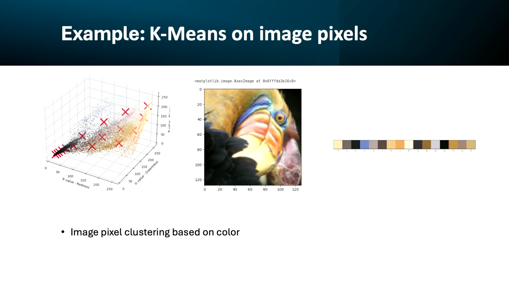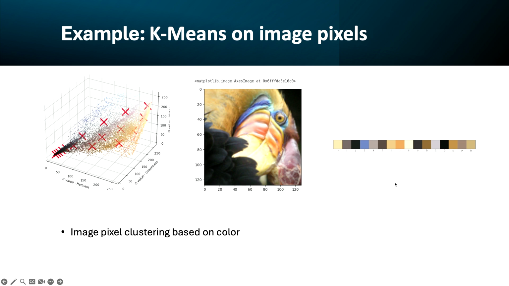Now, after implementation for an image, as you can see in the 3D plot, we have the pixel color distribution in the 3D coordinate space of this image, and also the color distribution in a one-dimensional matrix.